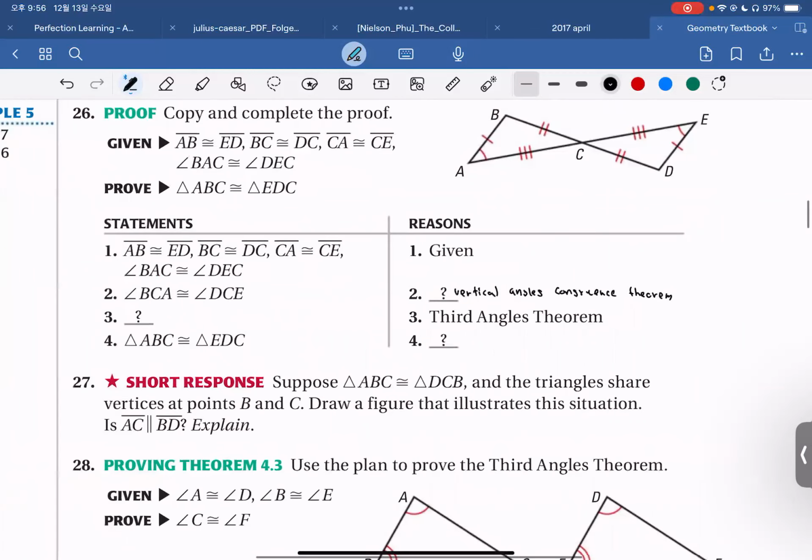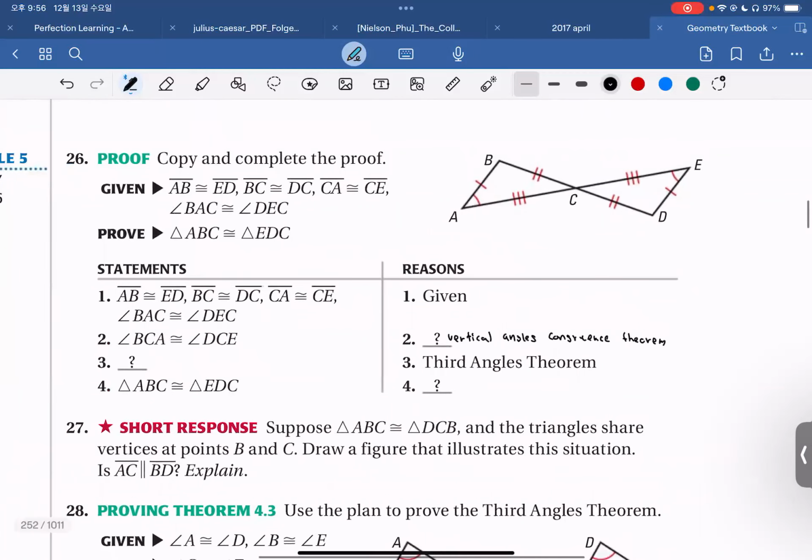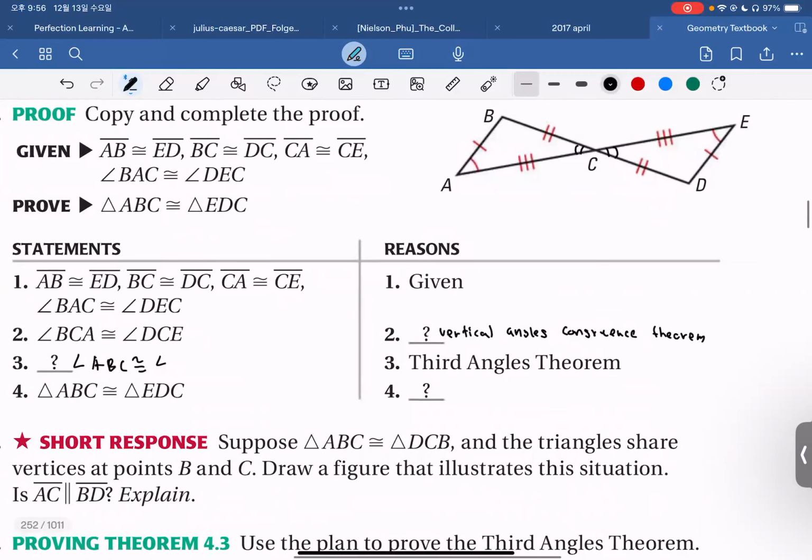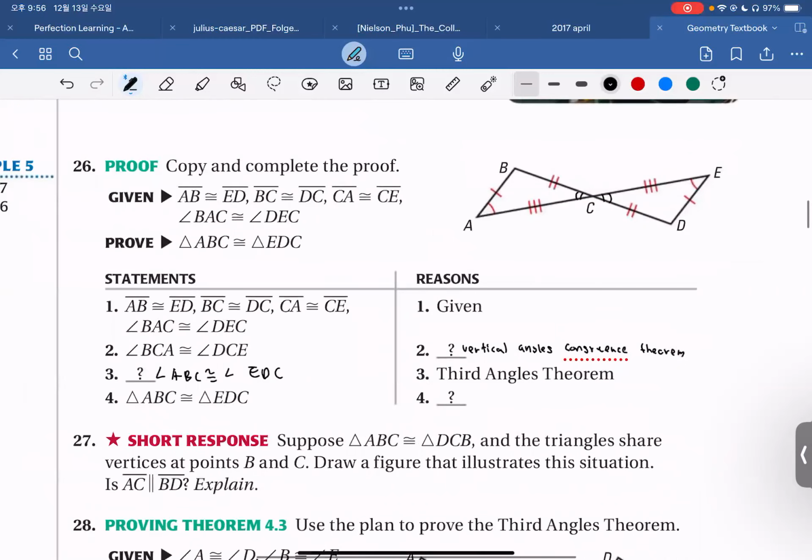And you would use the third angles theorem to show that, because you've proved that these two are congruent, angle ABC is congruent to angle EDC, given basically the characteristic of triangles.